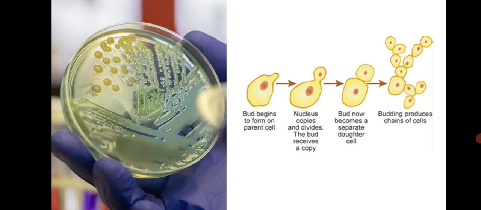After that, the nucleus starts to divide, or the nucleoid material is copying itself and dividing into two, forming new copies, and the bud is slowly receiving the nucleus and also the cytoplasm. Now the newly formed bud becomes a separate daughter cell and eventually gets separated from the parent cell. So this process of budding produces chains of cells.